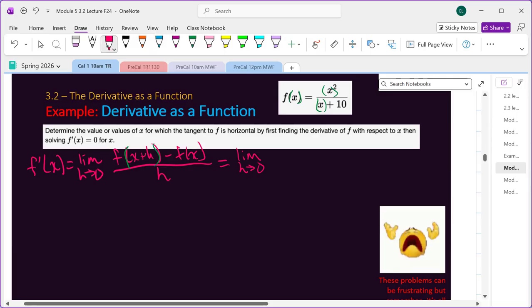Now I'm already going to take my divided by h and just write that as 1 over h. Especially whenever we have fractions, that's just habitual, let me just put this in front. So my function formula is thing squared over thing plus 10. My thing here is x plus h.